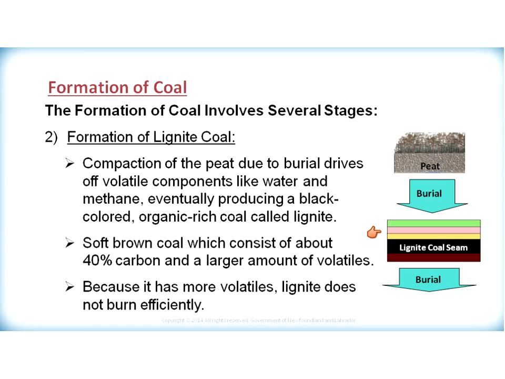So gaseous components and water components will actually migrate out of the dead organic matter, and what we will be left with is a thinner seam of coal. This soft coal is called lignite coal, and it only contains approximately 40% pure carbon. This lignite coal will then go through further stages of burial where more volatiles will be released.